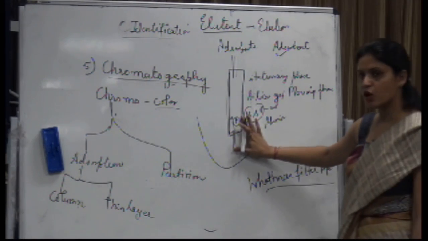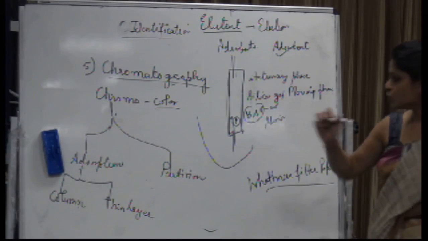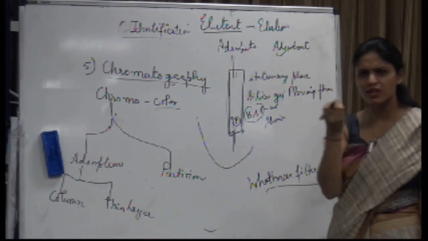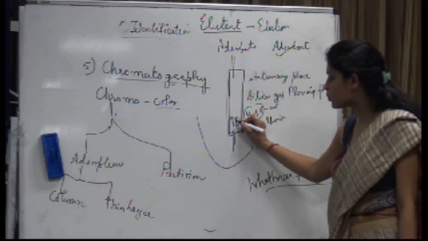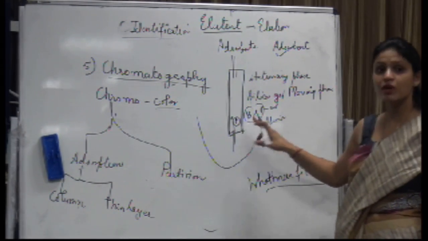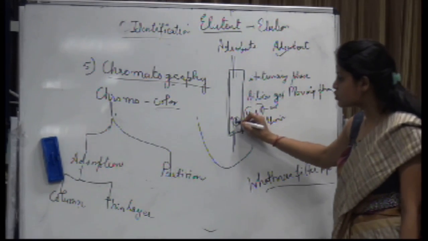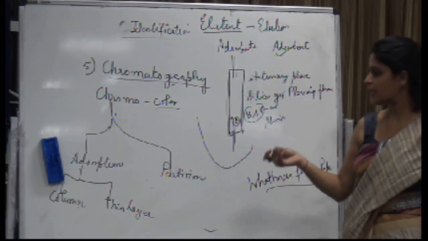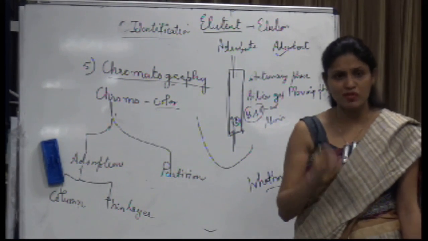You will take a Whatman filter paper which will act as an adsorbent. You will put those spots, because I want to separate those components. I'll take one spot of mixture of blue and red ink on it. Now I want these two components to separate out, but they cannot separate by themselves, so I have to apply another moving phase to it.